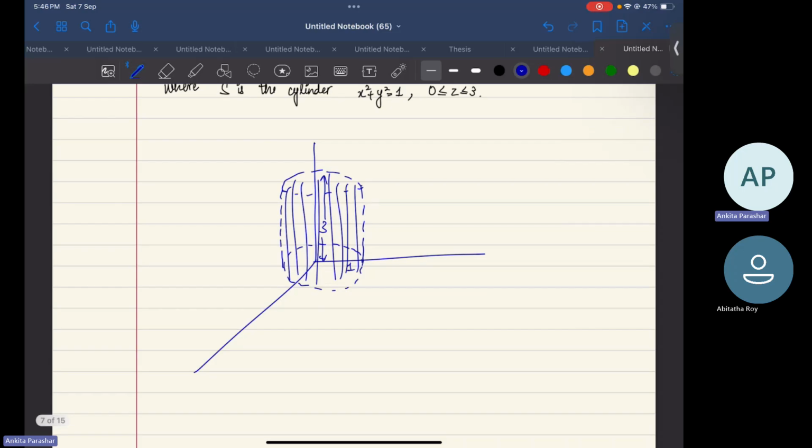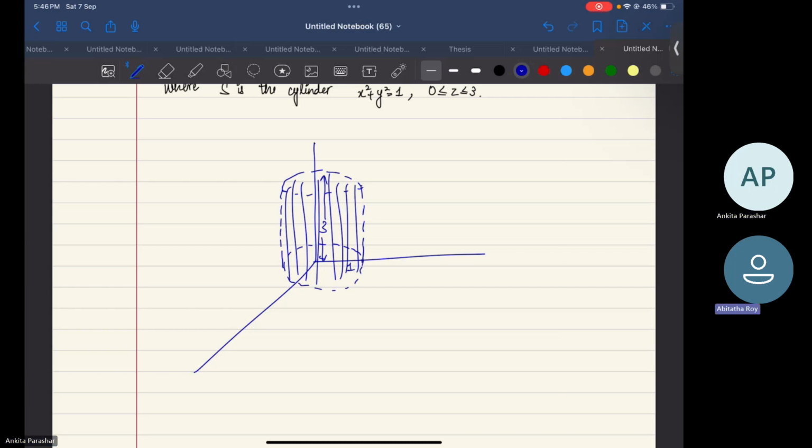So directly we know that we can compute it, of course, but is it better if we change it into some parameterization that can help us? Usually whenever a circle comes, we have a standard parameterization.